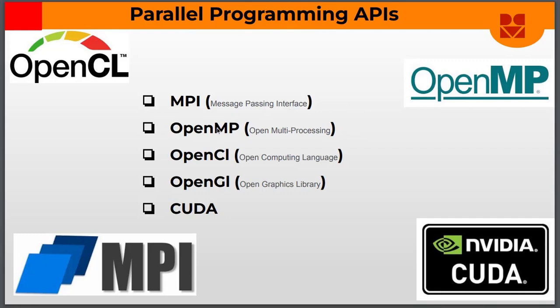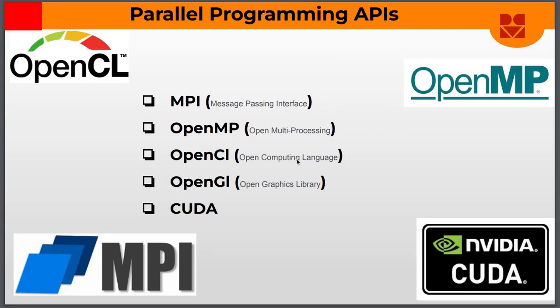We also have the OpenMP, that's the Open Multiprocessing API. We also have the OpenCL, that's the Open Computing Language, the OpenGL, the Open Graphics Library, and then the NVIDIA CUDA. So the first two, the MPI and the OpenMP, are CPU based. So they focus more on writing parallel code that leverages the CPU.